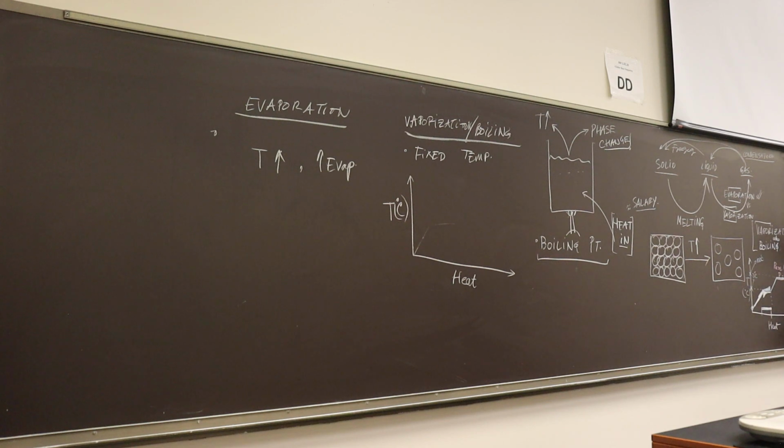This amount of heat is called the latent heat of melting. So the amount of heat you provided to the ice for changing from solid to liquid is the latent heat of melting.